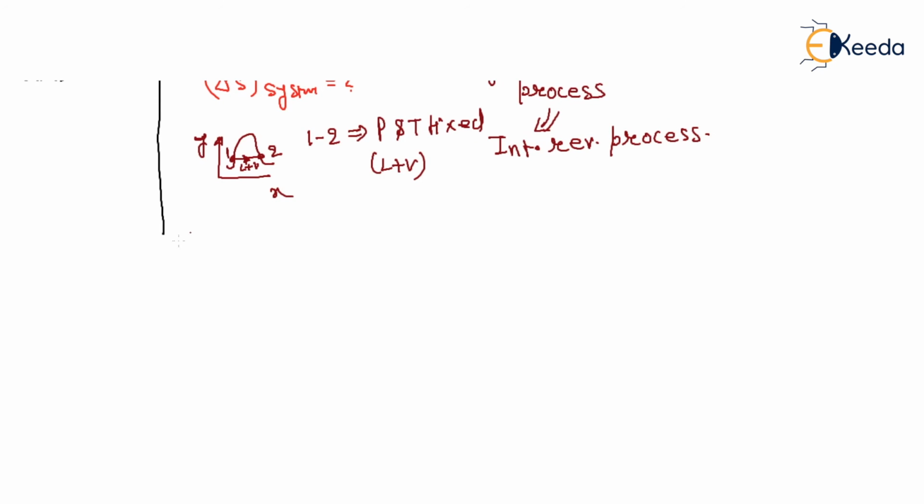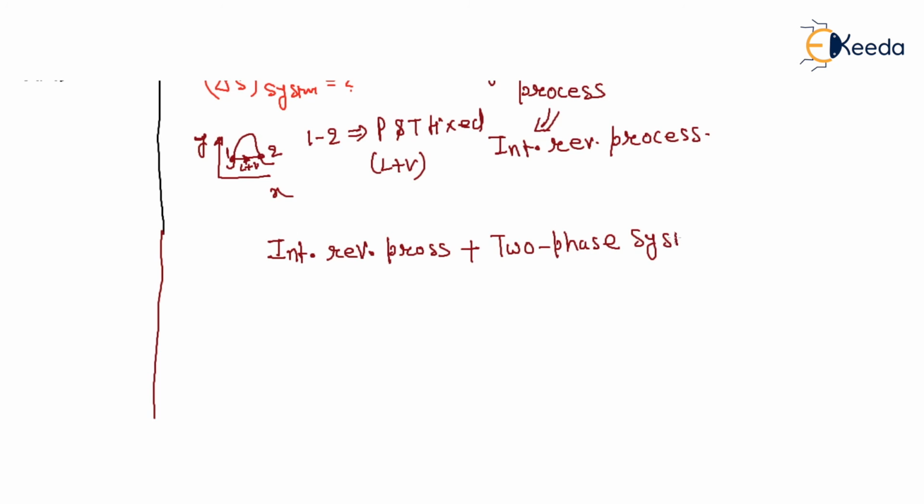So what is that? The system undergoes an internally reversible isothermal process, and thus the entropy change. So the system is internally reversible and in the two phase region. Internally reversible process plus two phase system.